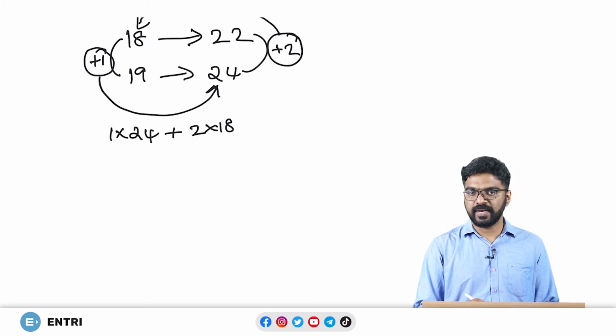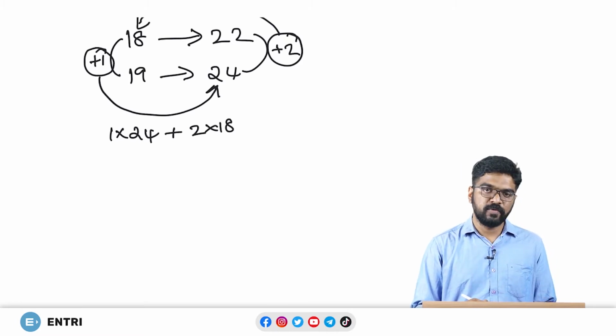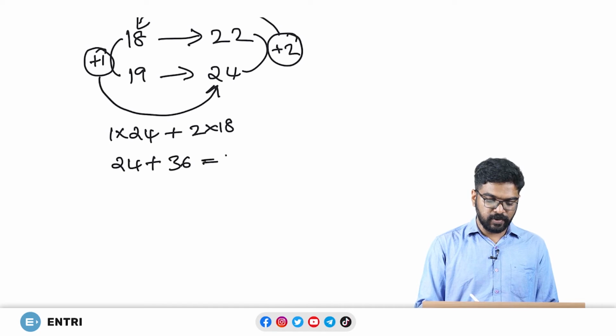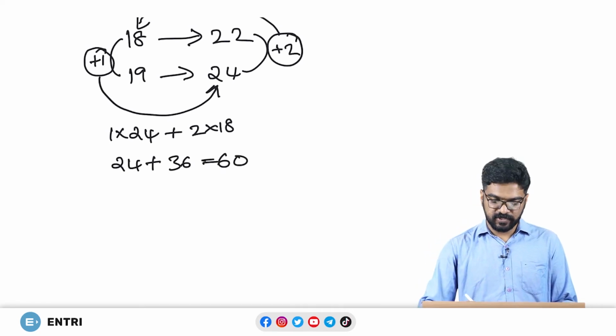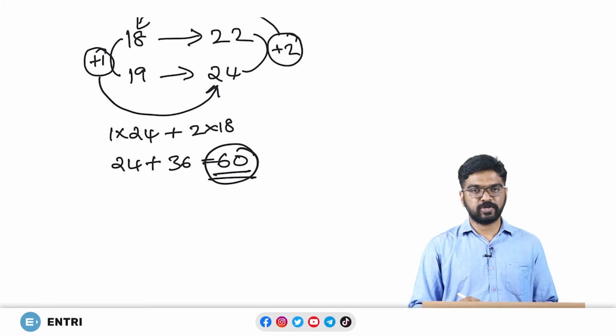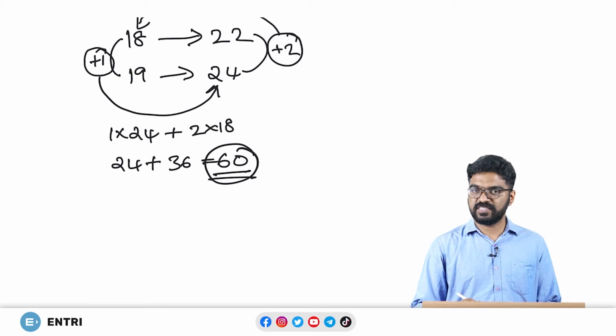This is what we obtained earlier also. That is why I showed you that particular expression. So we have 24 plus 36, which is equal to 60. This is the age of the newly joined person. The extra person who joined is of the age of 60.